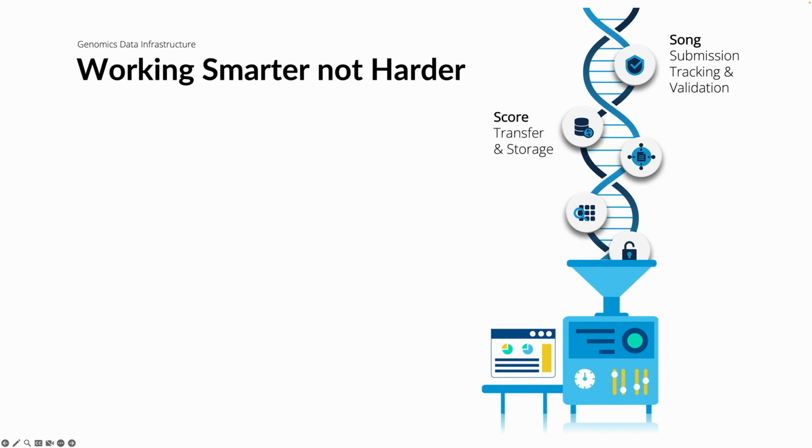So we have Song for submission tracking and validation, Score that covers file transfer and object storage, Maestro that indexes all the data. We have Arranger, which is doing quite a lot. It's our search API with pre-built UI components that allow users to filter and query the datasets.